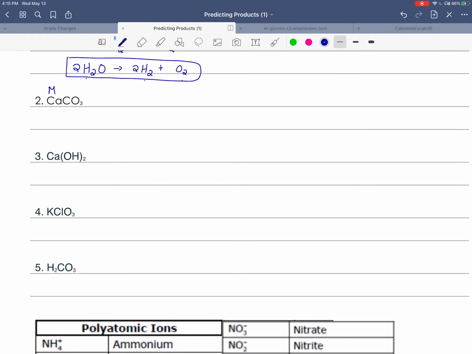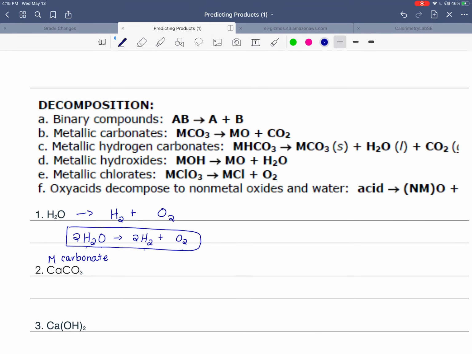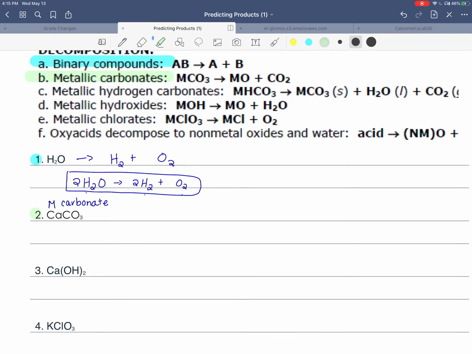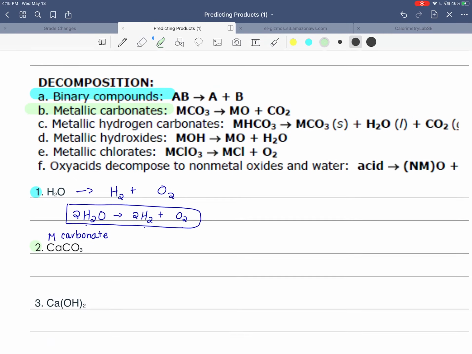So we have a metal and a carbonate. A metallic carbonate, here let's color code these so we keep them straight. A metallic carbonate is going to decompose into a metal oxide and carbon dioxide.